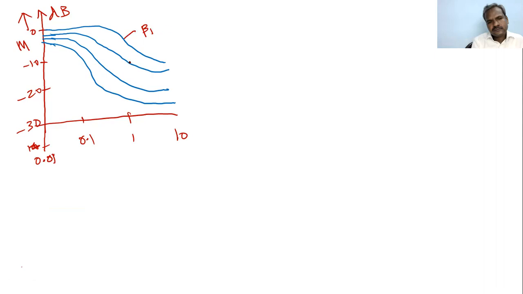This value is beta 2, this is beta 3, beta 4. So what happened? Beta 1 is less than beta 2, less than beta 3, less than beta 4. So beta 4 is higher. As we vary the beta value from lower to higher, the performance is similar to this.